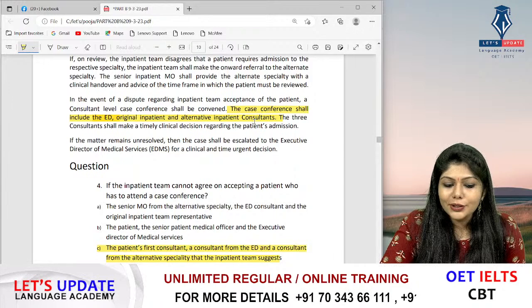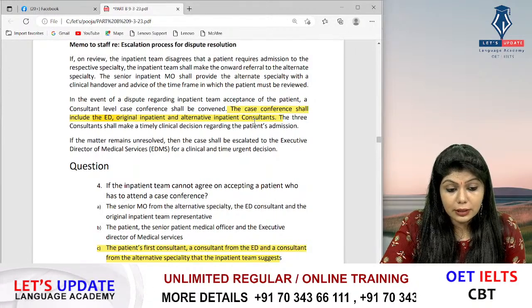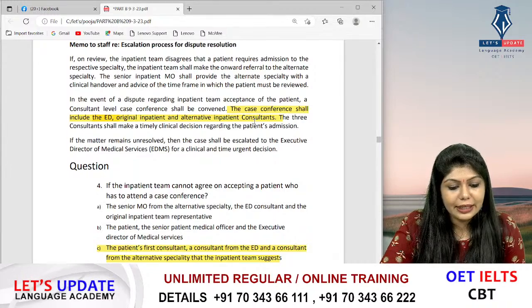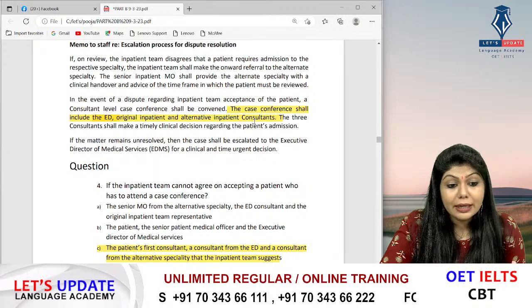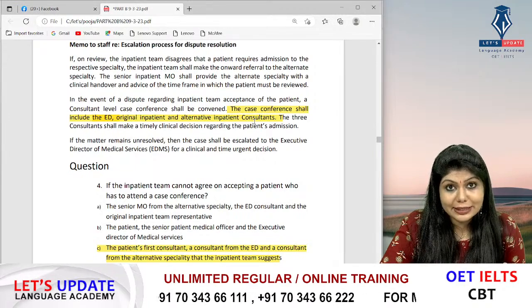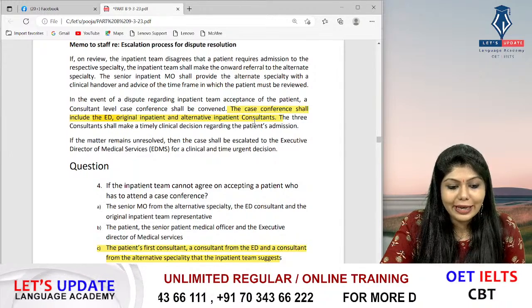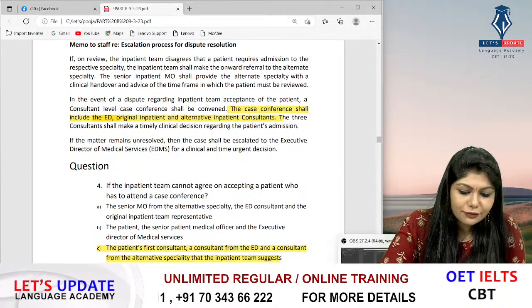So all three categories of people are included in the case conference in the event of a dispute regarding inpatient team acceptance. So these are the people who will be attending the case conference. I hope there is no confusion over there.